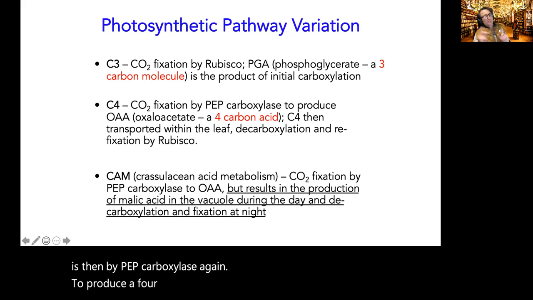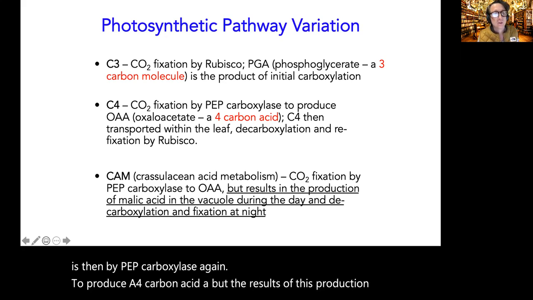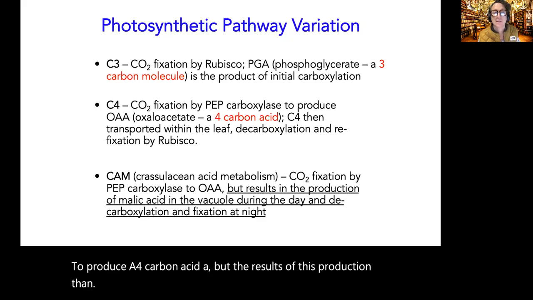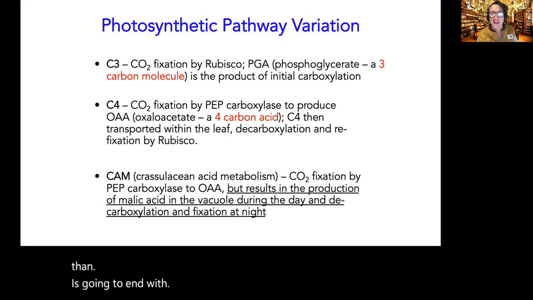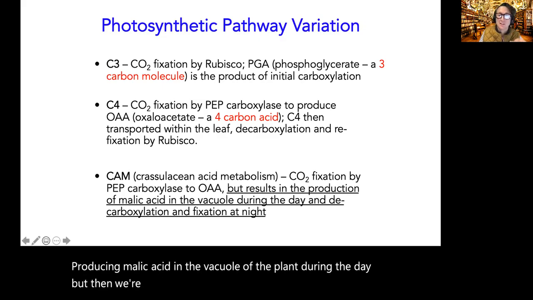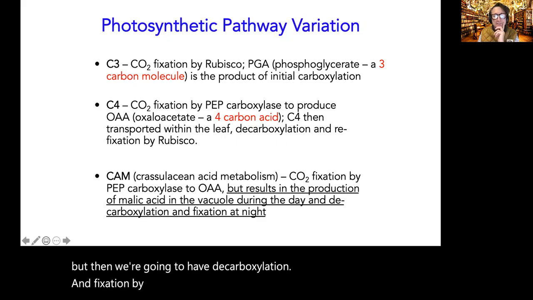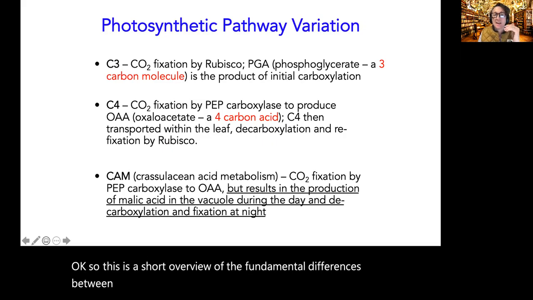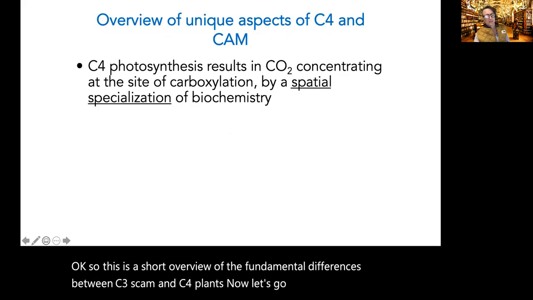But this production ends with producing malic acid in the vacuole of the plant during the day, and then we have decarboxylation and fixation by rubisco again at night. Okay, so this is a short overview of the fundamental differences between C3, CAM, and C4 plants. Now, let's go into a little bit more detail.